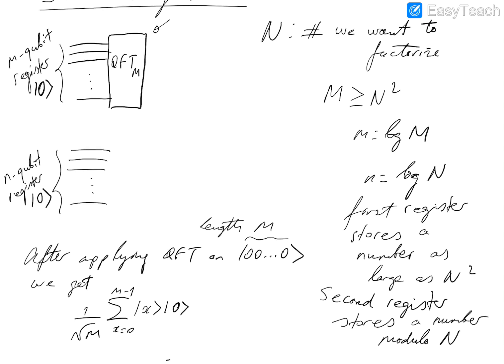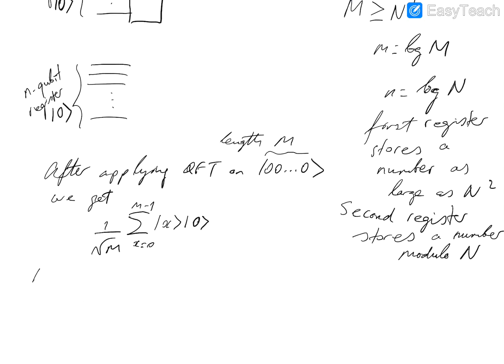Alright, so next we apply the quantum version of the modular exponentiation function. Actually, step 1 is to initialize registers to all 0.